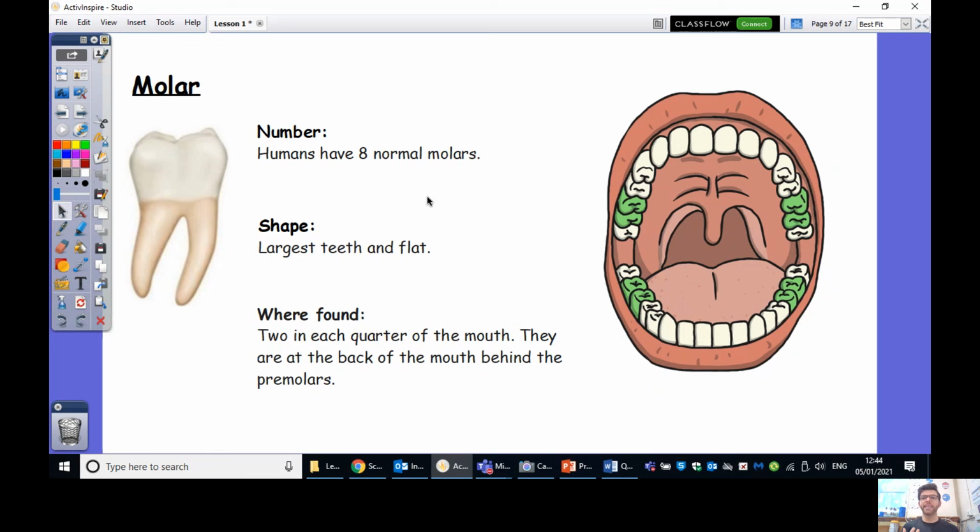They're actually the largest teeth in our mouth, and they've got 2 roots going into the gums because they're the largest ones, so they need that extra support. If anything, they're very similar to the premolars, except that they're larger and slightly further back in the mouth.